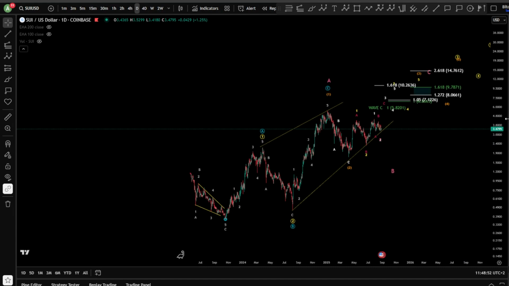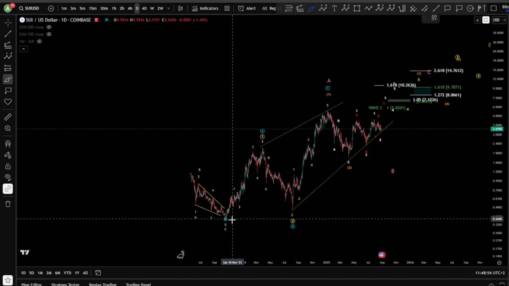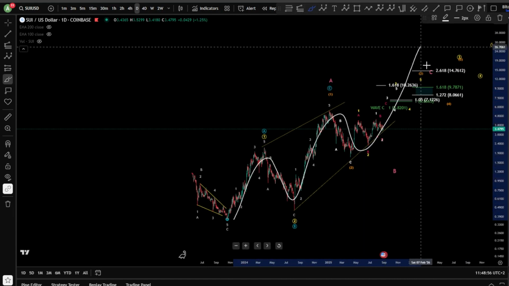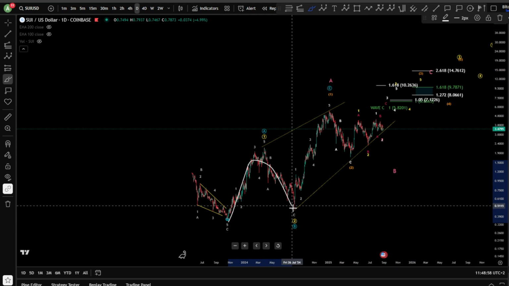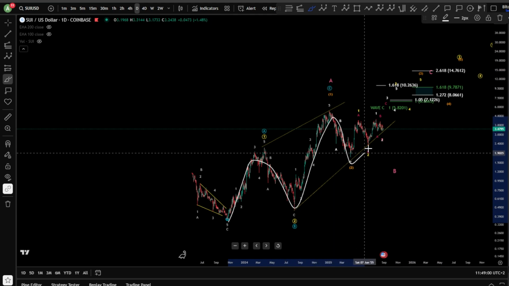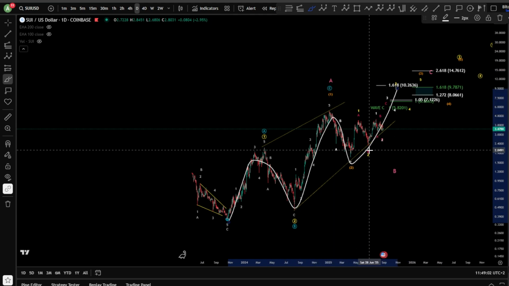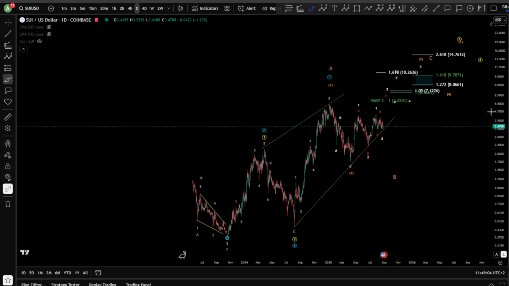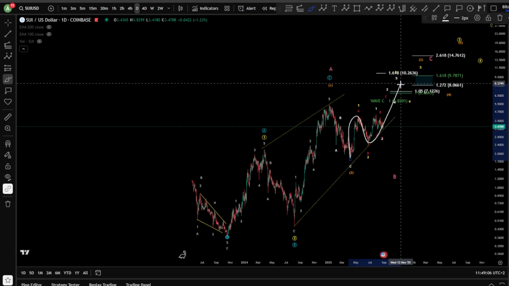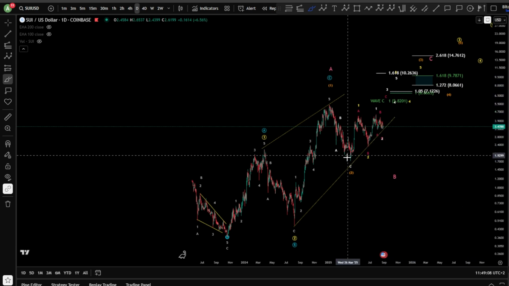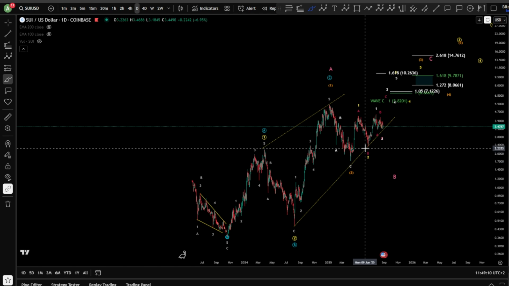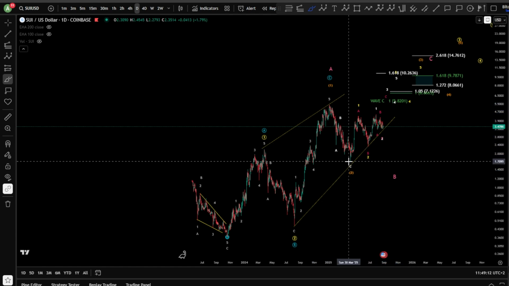So this is a bullish scenario that might unfold here, the ultimate bullish as 1, 2, 1, 2, 3, 4, and a 5. Now you have another scenario in 1, 2, 3, 4, and a 5 towards the upside as a leading diagonal. Actually, it cannot be an ABC, sorry guys.